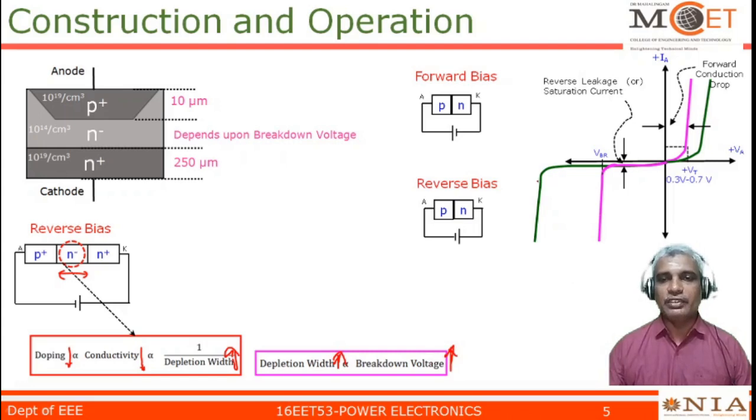This is one of the important constructional differences which makes the power diode withstand higher voltages during its reverse bias condition. So the power diode characteristics are a little bit stretched when compared with those of normal signal diodes. This is the construction and operating principle of a signal and power diode.